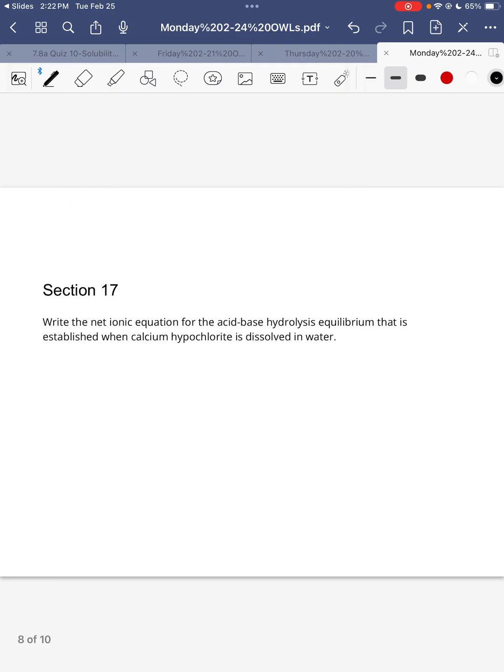We can do another one of those because they're a little bit tricky at first, but you get used to them eventually. This time we have calcium hypochlorite. So calcium hypochlorite is Ca(ClO)2. When we dissolve that, we would get calcium ion and 2 hypochlorite ions. Calcium is the conjugate acid of a strong base.